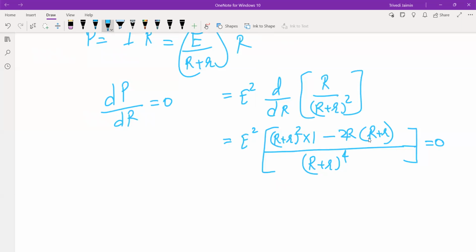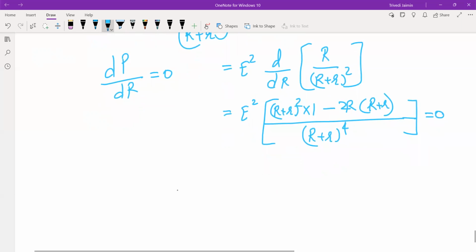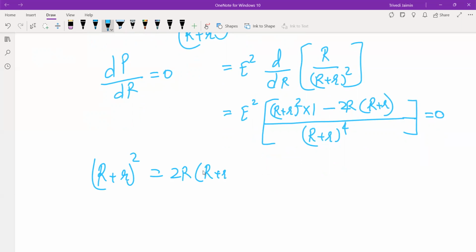So this we will send to that side. Equate this: (R plus r) square equals 2R (R plus r). Cancel all that. R plus r equals 2R.